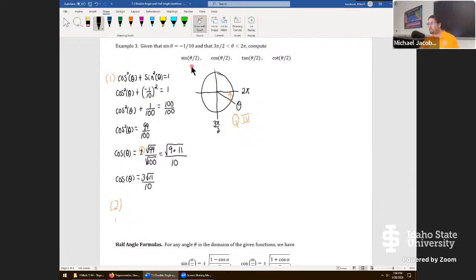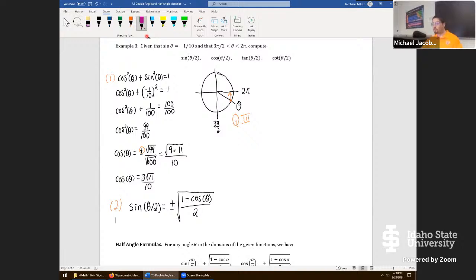Let's do sine of theta over 2. By formula, it's plus or minus square root of, with the sign involved, it's always going to be a minus cosine. So this will go minus cosine theta divided by 2. Okay, I want to pause right here because there's a really good thing to keep in mind that I'm going to remind us about in the next problem.